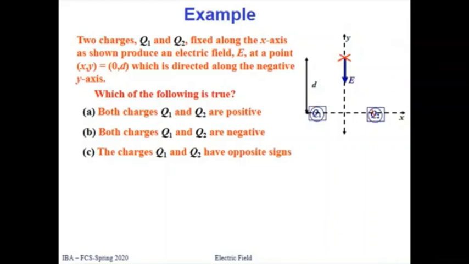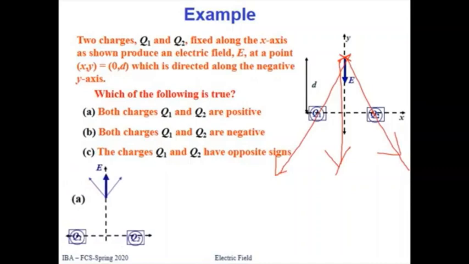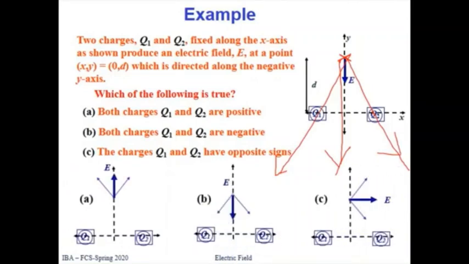In the second case, if both have a negative charge, then the lines of force are directed toward the charges, and the net field of both would be somewhere in this direction. So the correct answer must be B. This is our correct answer.